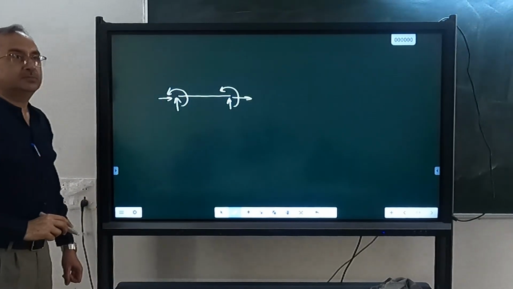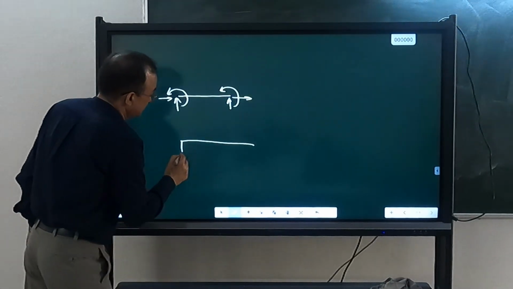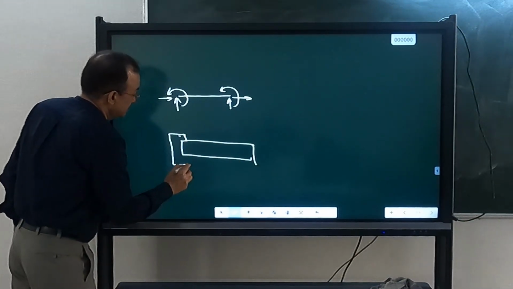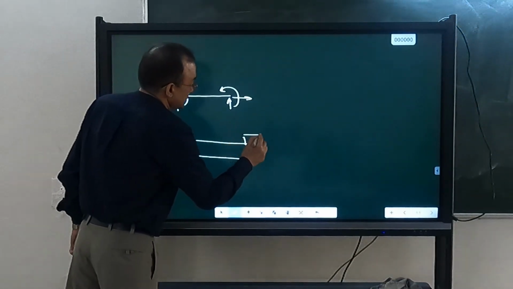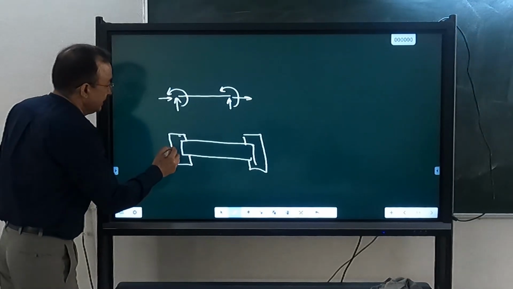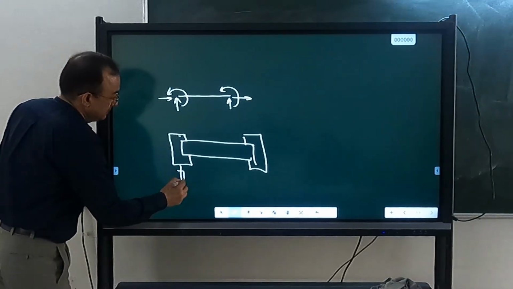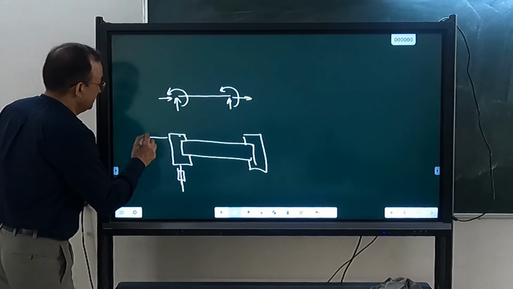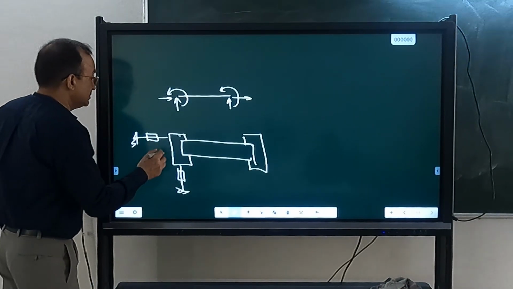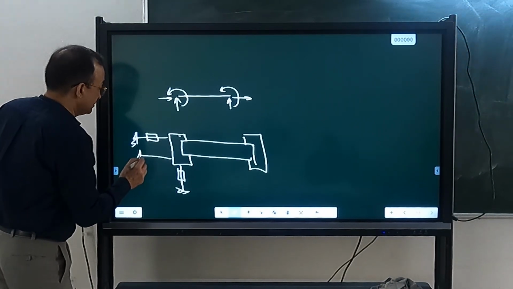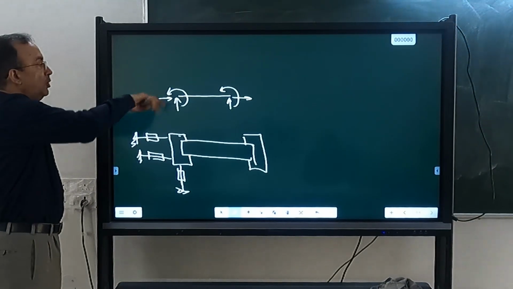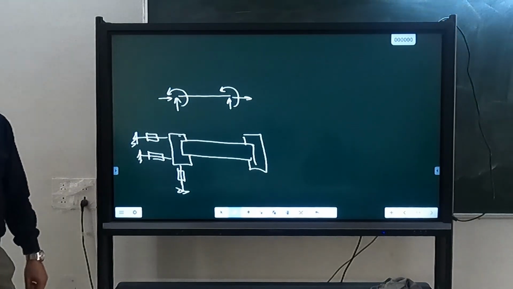with these degrees of freedom. So I have this beam. At the end of this beam, I will have some arrangement, and this arrangement can be controlled by actuators in such a way that it can apply all the 3 degrees of freedom.